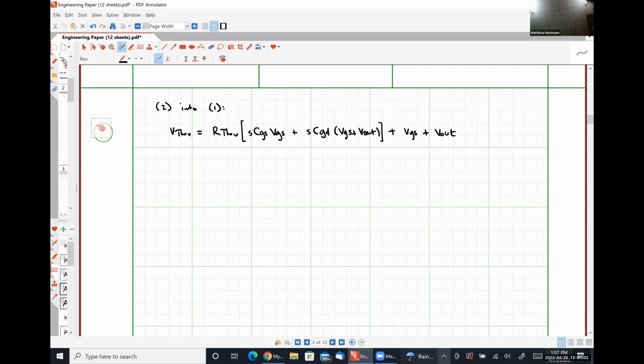So I have multiple terms that include the quantity VGS, and I have a couple of terms that include the quantity V out. And so I'm just going to write them as some coefficient times VGS plus some coefficient times V out.